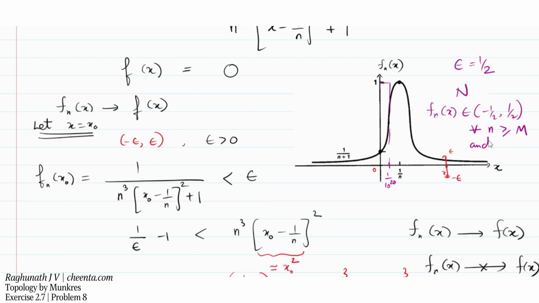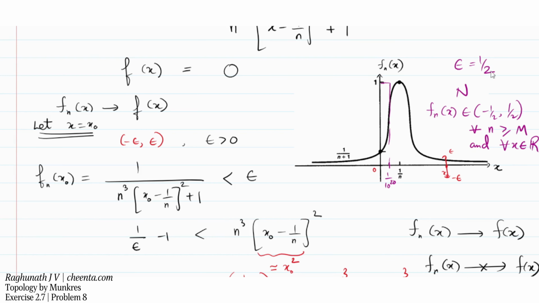But this is not fixed x because this is now uniform. We are talking now about uniform convergence. So we want to additionally prove that for all x in the real numbers, basically the domain, which is the real numbers. But obviously, it is not true.